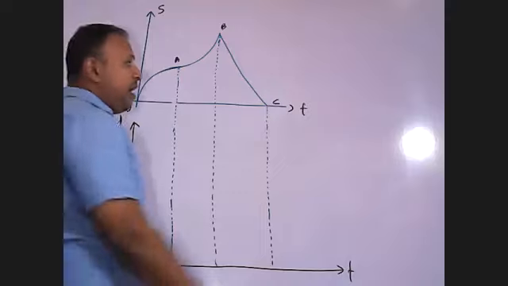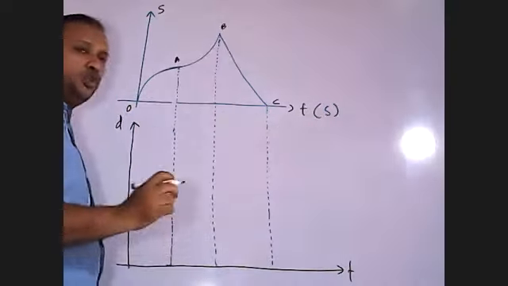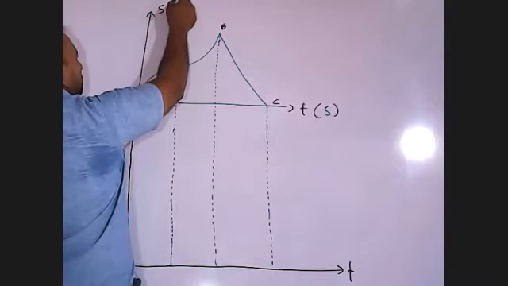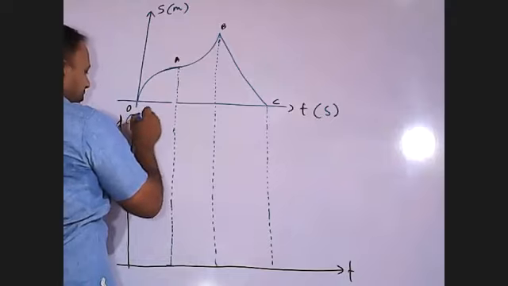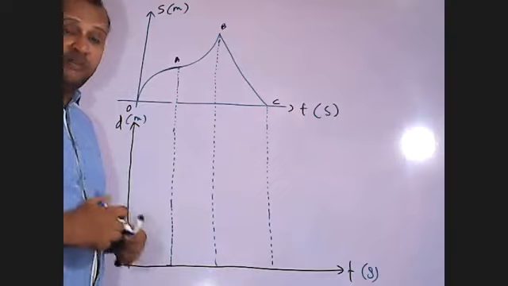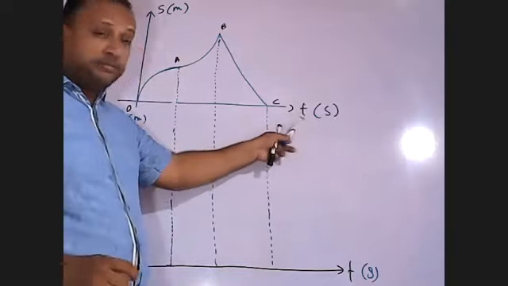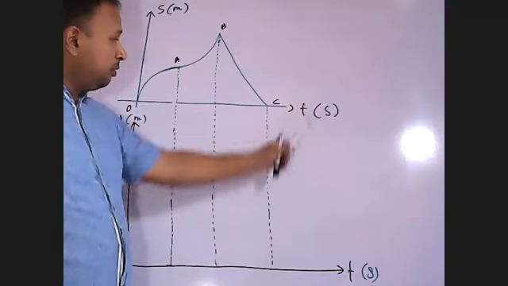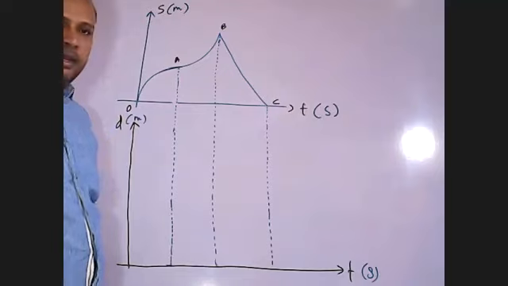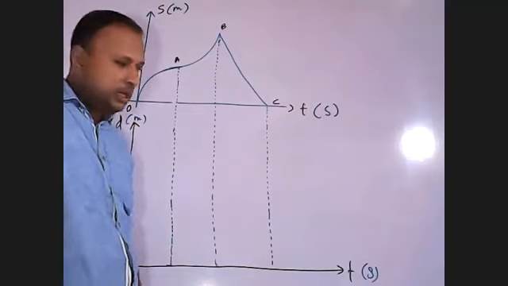Then you have to mention the unit that you are going to use to measure it. Those are mandatory, very compulsory. If you do not mention those things, you won't have full marks. Okay.